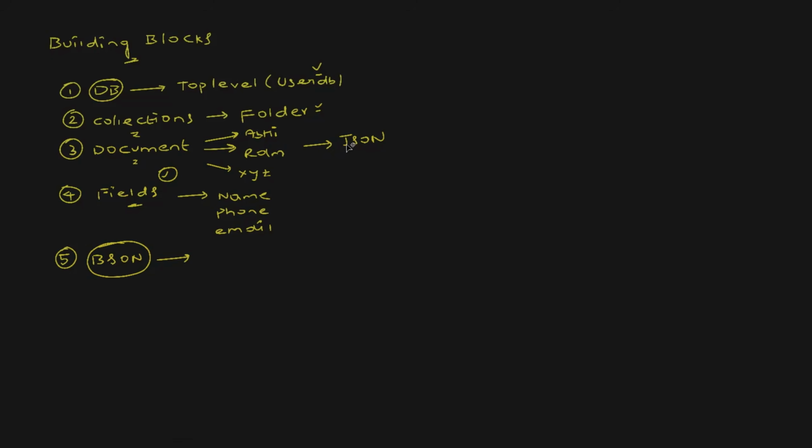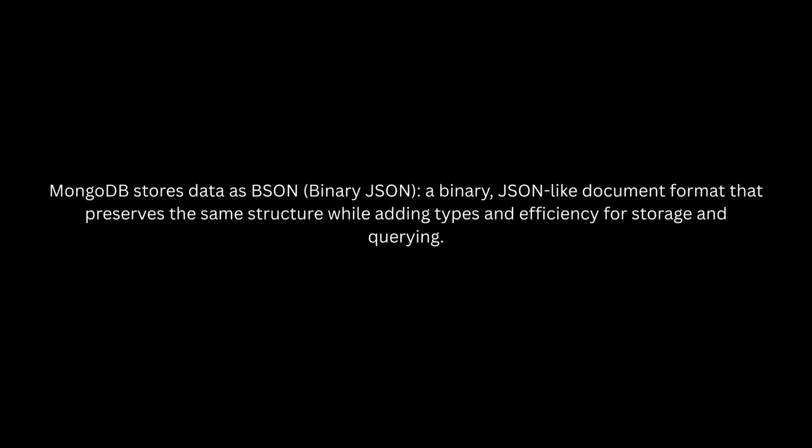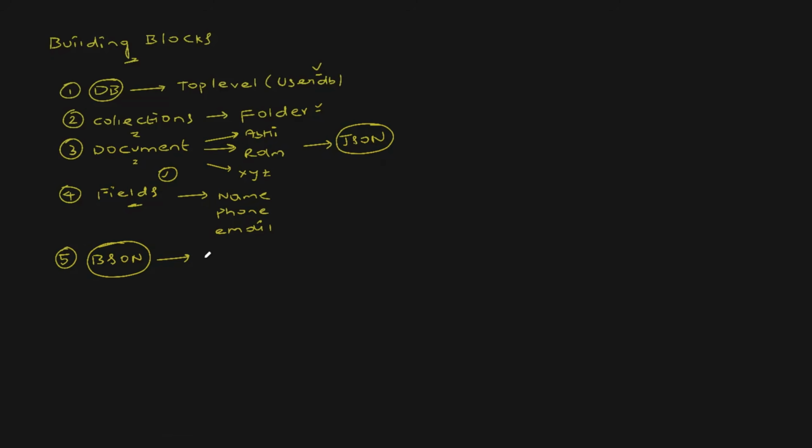You share the information to MongoDB in JSON-like format. MongoDB takes that information and internally it stores the information in binary JSON format, which we usually call BSON format. So JSON is a user readable format and BSON is a machine readable format.